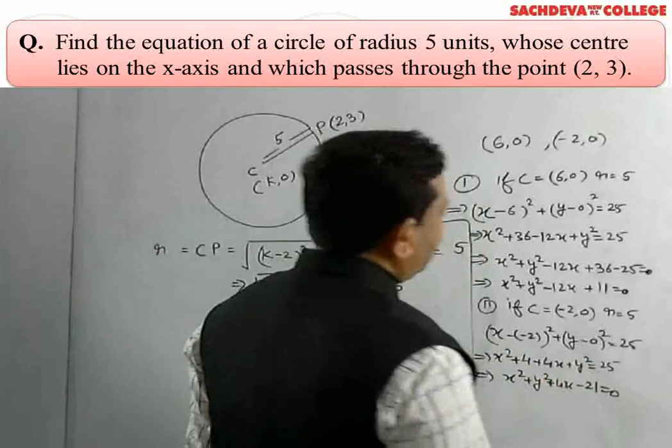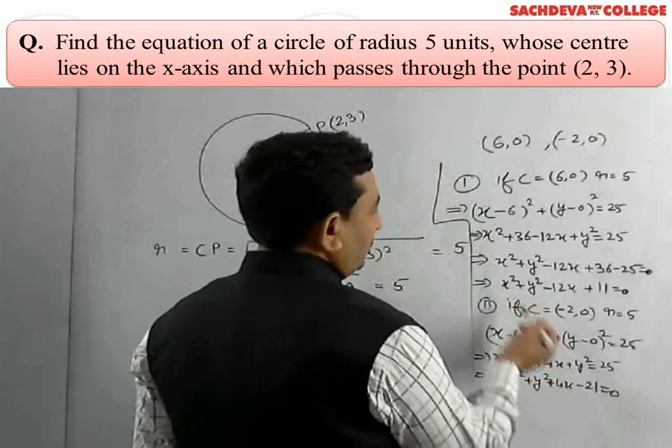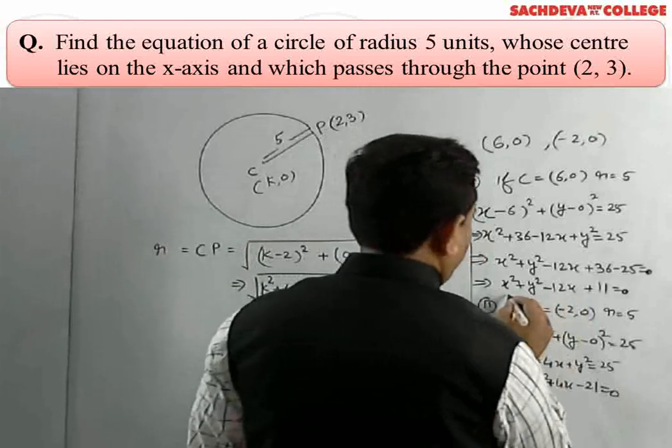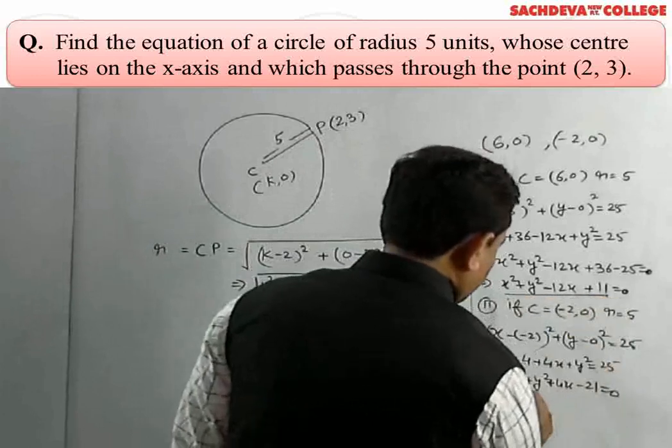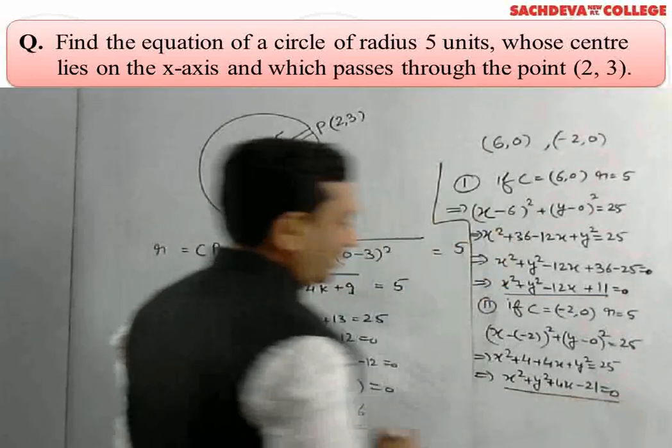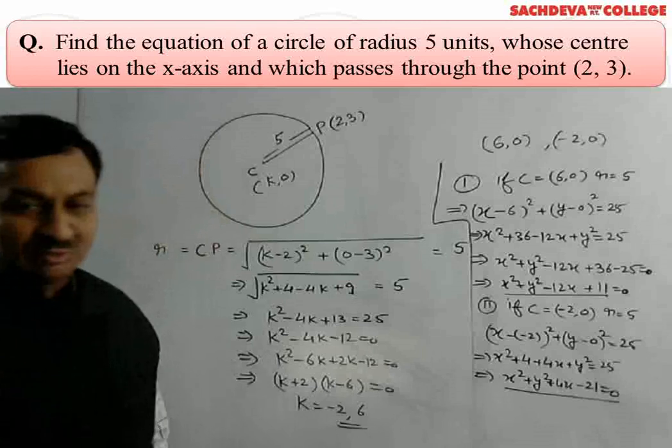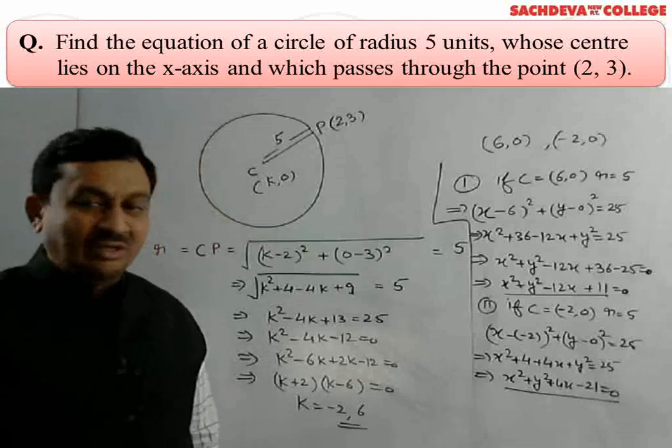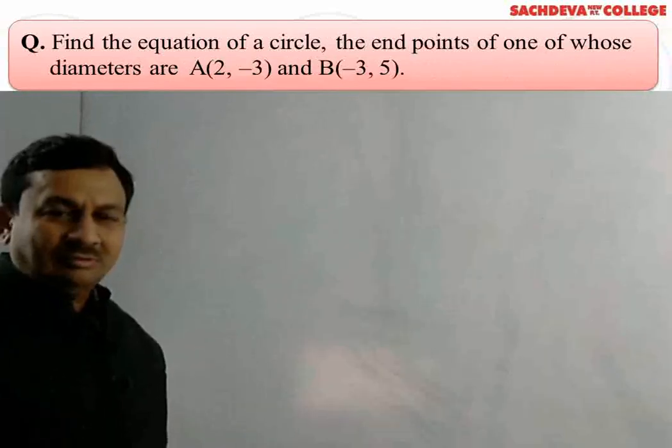So there are two equations of the circle. First, x squared plus y squared minus 12x plus 11 is equal to 0, and second is x squared plus y squared plus 4x minus 21 is equal to 0. Now we solve the next problem.